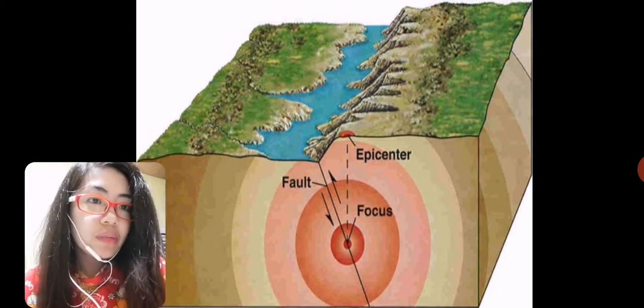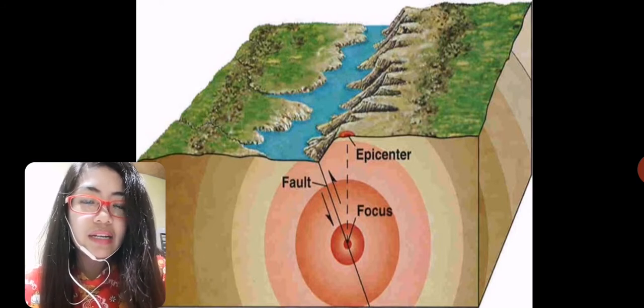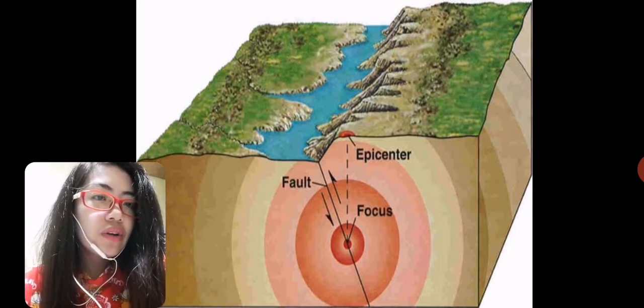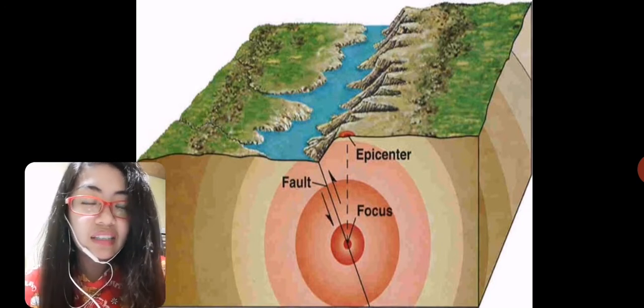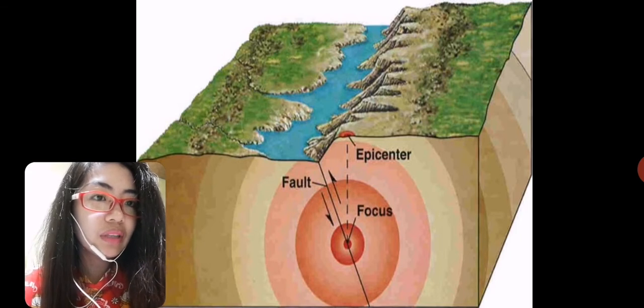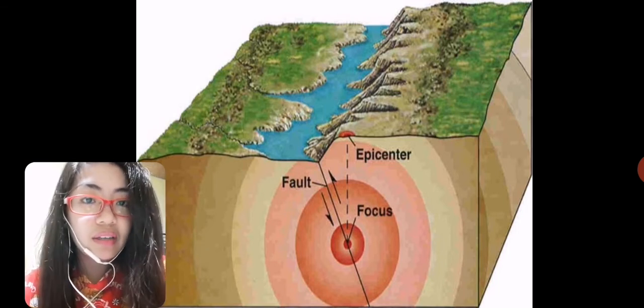Okay, let's proceed with this one. Pinakita ko na din to from my last video clip last week. I have here the fault. Ito yung parts ng ating fault. We have here the fault line. Then, we have here the epicenter. Yung epicenter, yung nasa crust.